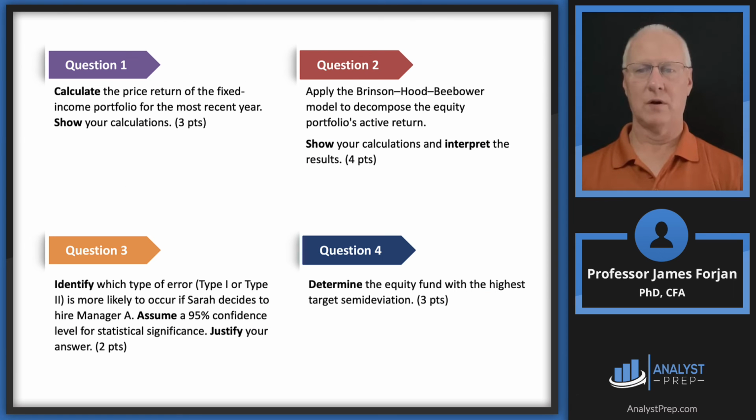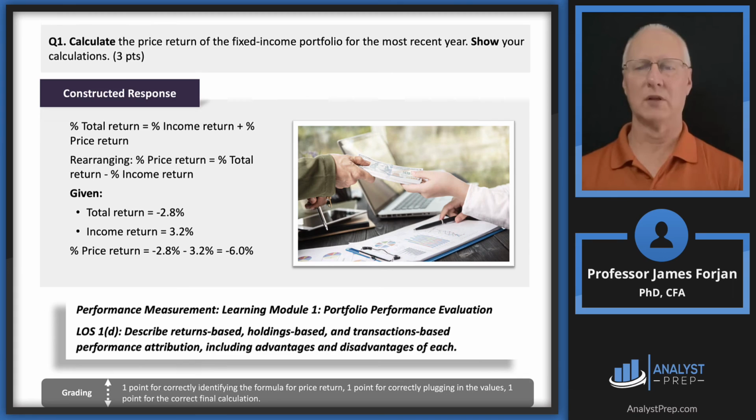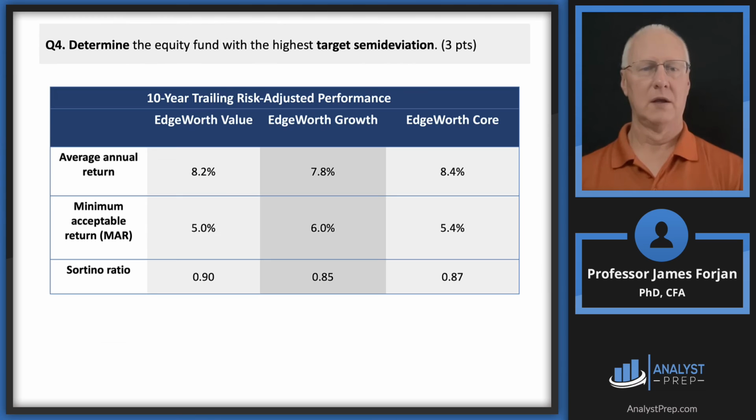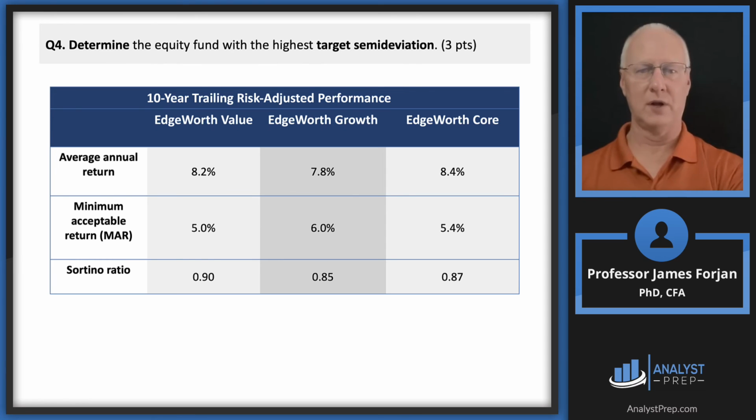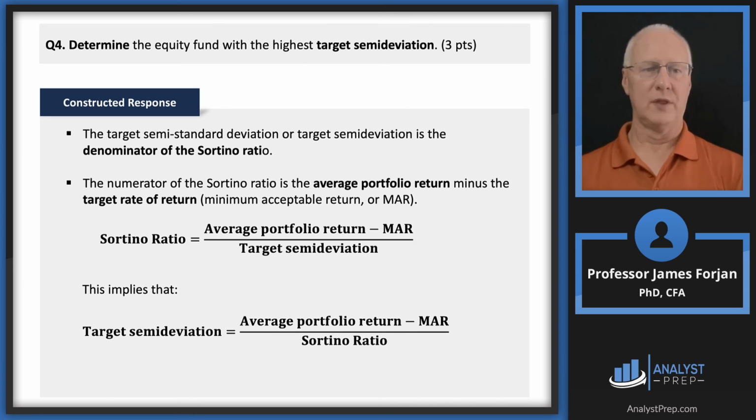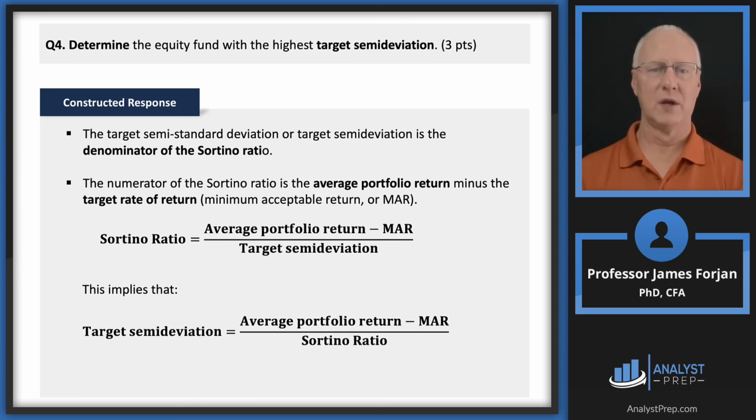Question 4, how about the fund with the highest? So remember we had those 3 extra funds in there. What were they called? Core or something. So let's go ahead and do that. All right, so here's that table. There's the value, growth, and core. So Sortino, 9, 85, and 87. So here's the Sortino ratio formula, which I'm certain that you guys have remembered a million times in your life.